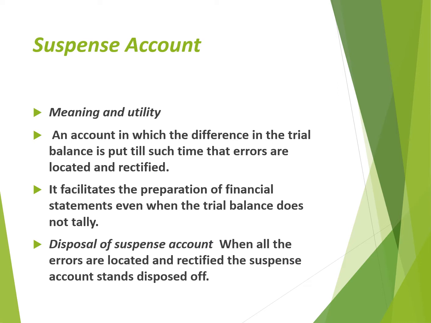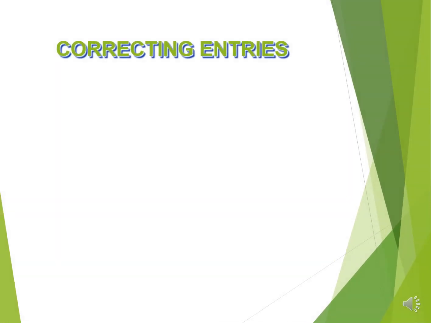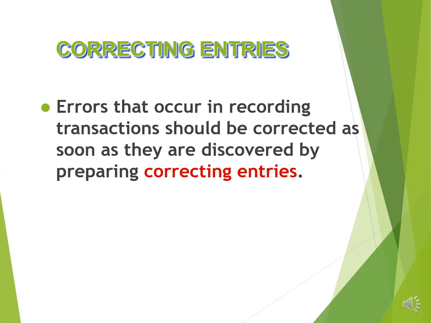Again, after finding out the reasons and causes of the difference, we dispose of the suspense account, putting the correct thing in the correct account. So here we are making the correcting entry.